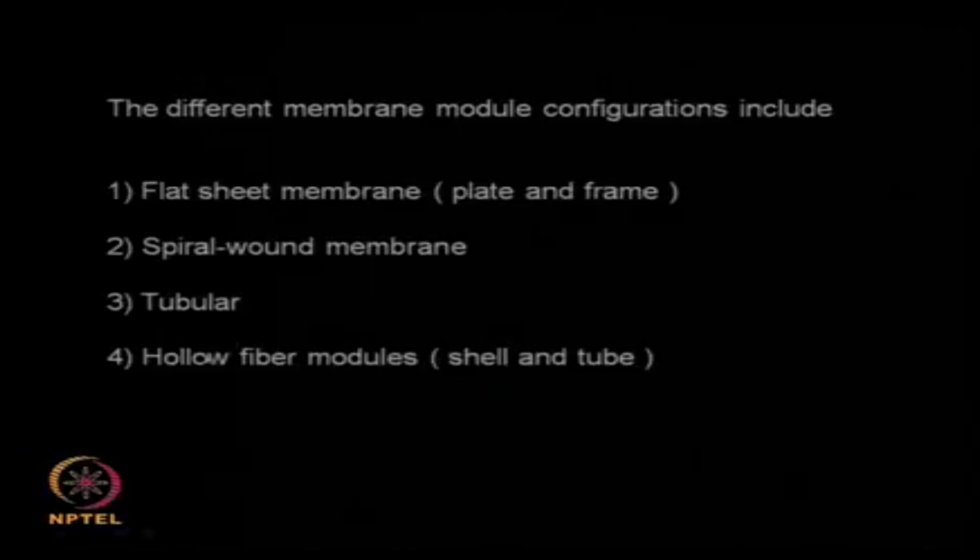We can have hollow fiber modules, like a shell and tube type of system. So all these types of designs are possible. The whole idea is to maximize the surface area of the membrane per unit volume. With a flat sheet membrane, the surface area per unit volume is low, whereas with the other membranes the surface area is much higher.